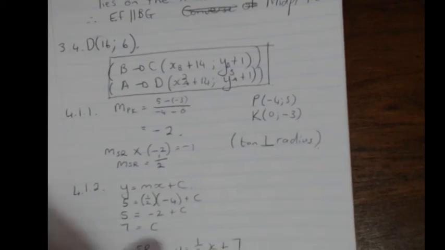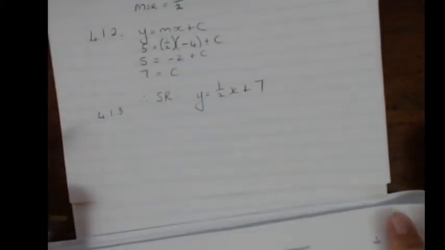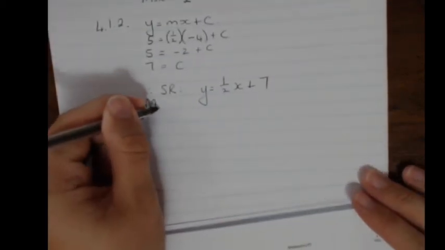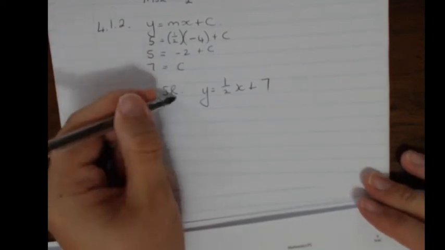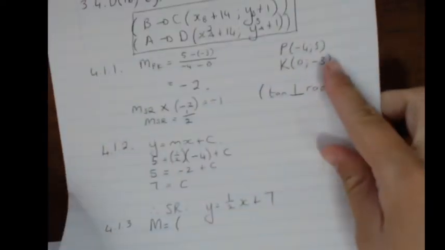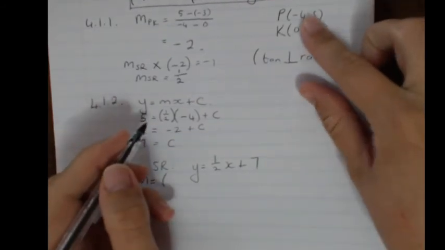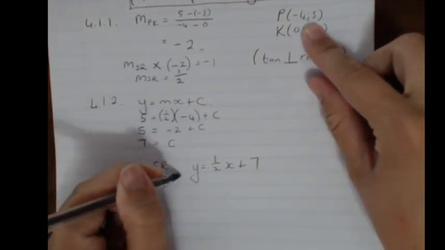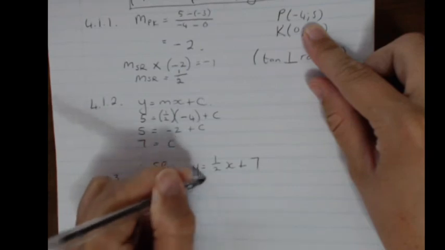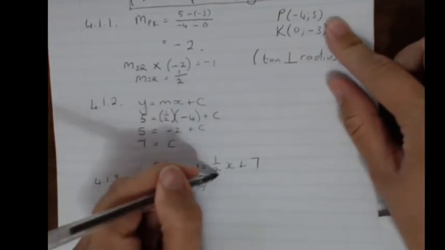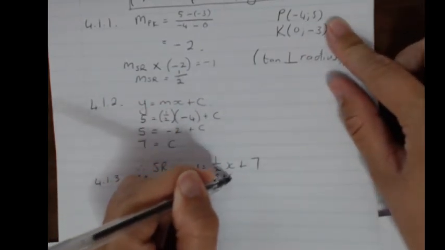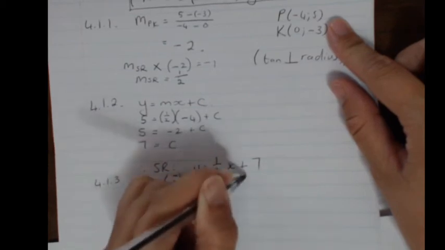So let's get the coordinates of the midpoint M first. M is going to be the midpoint of PK, which I have there as well. So the x values added, which is -4 plus 0 over 2, and the y values added, 5 plus -3 over 2.